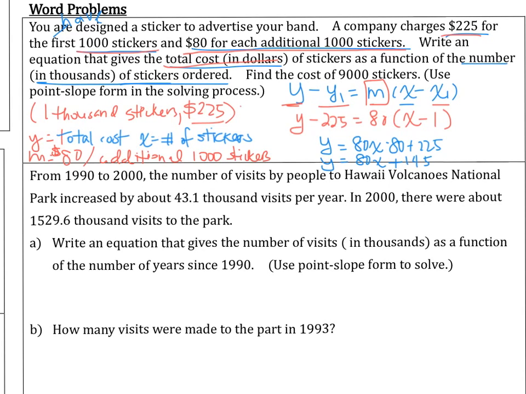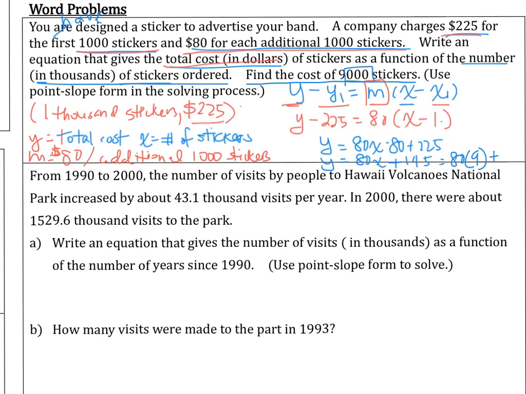And now, lastly, it says find the cost of 9,000 stickers. So I can simply take this equation here and substitute in 9. Okay, recall that I didn't use the zeros when I substituted 1 here, so I could just simply use 9.